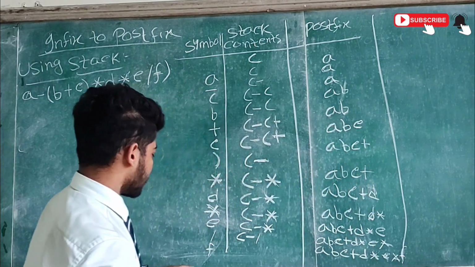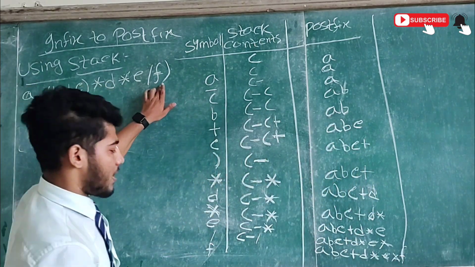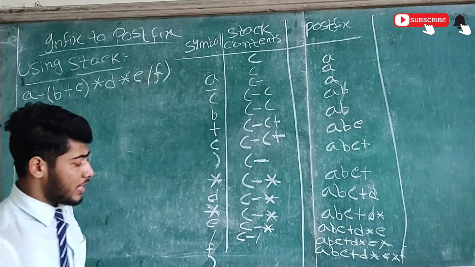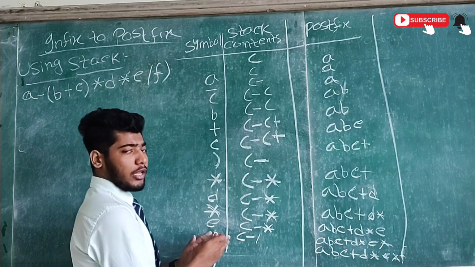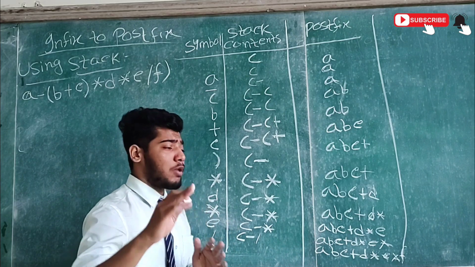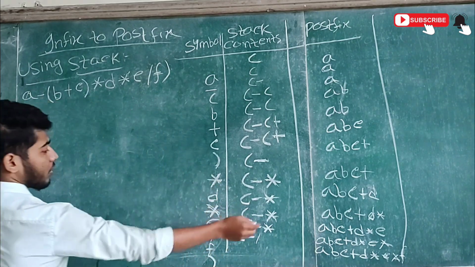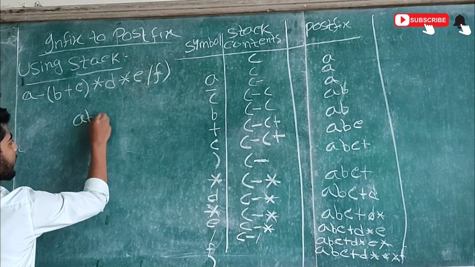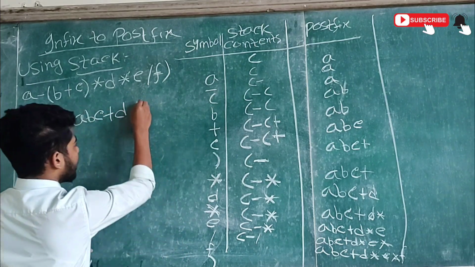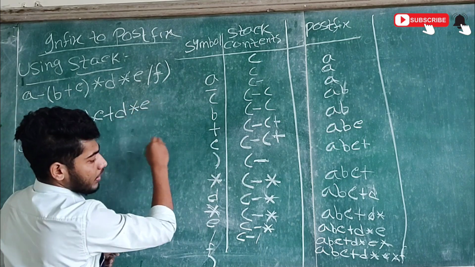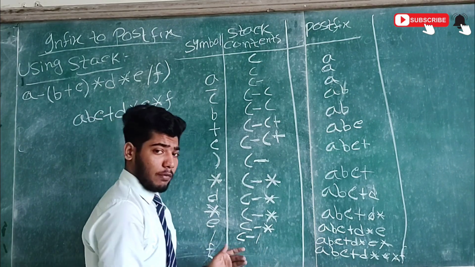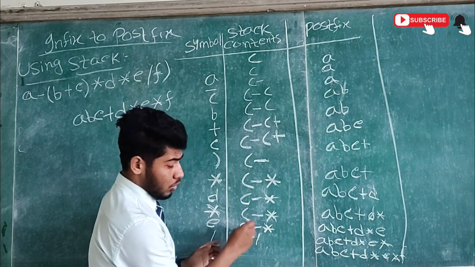Next symbol is the right parenthesis. If the symbol is a right parenthesis, then repeatedly pop all the operators from the stack and add them to the array postfix one by one, from top to bottom.